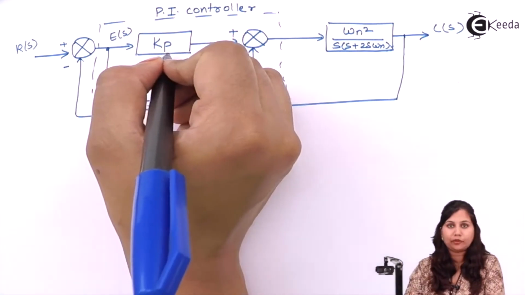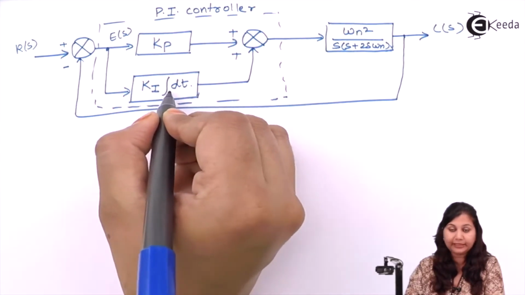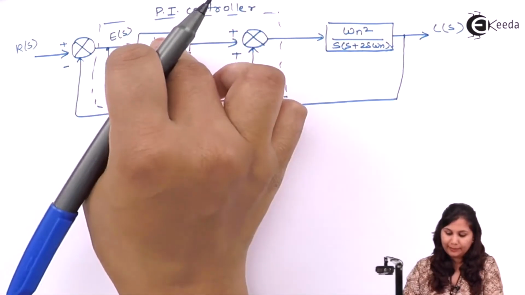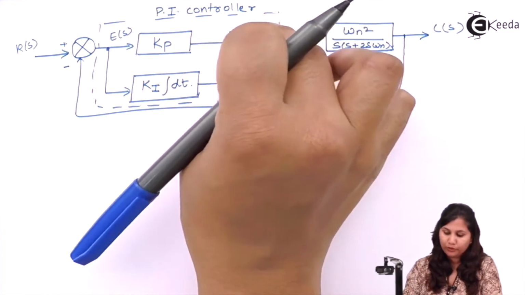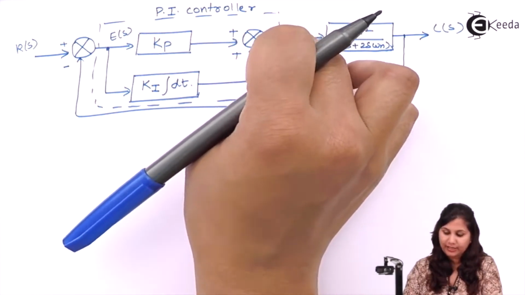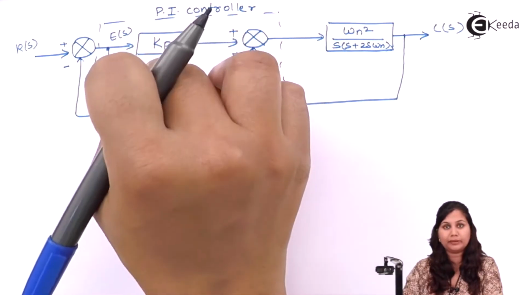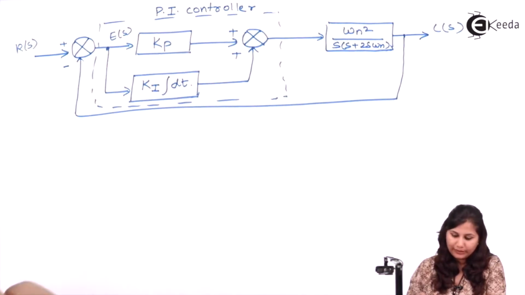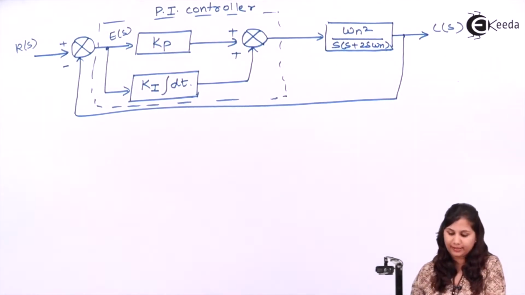This is Kp for the proportional controller and this is Ki and the integration function for the integral controller, and this is applied on this signal. So the output signal, that is the actuating signal, will be the proportional error signal plus the integral error signal.